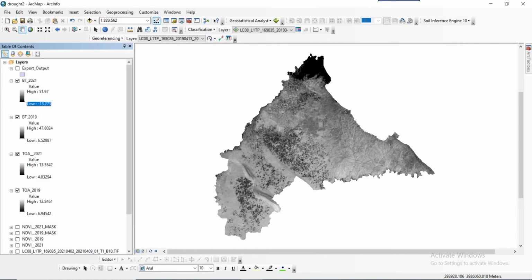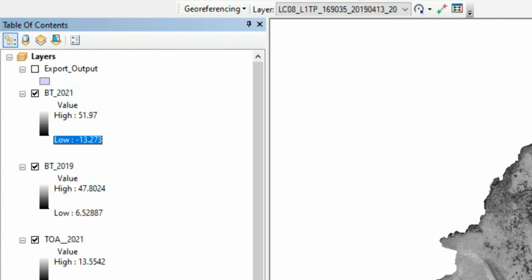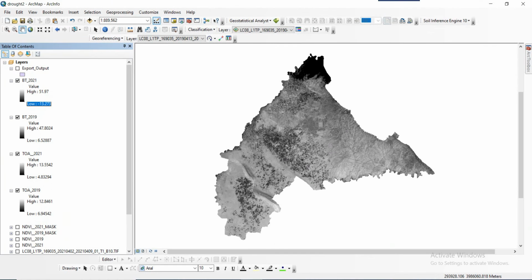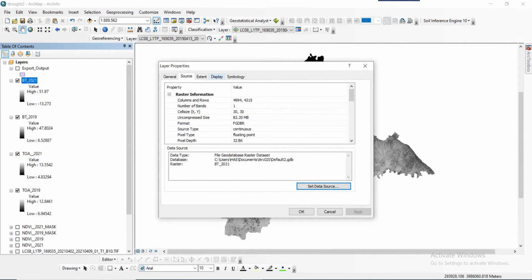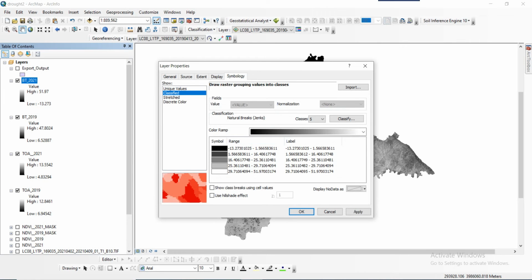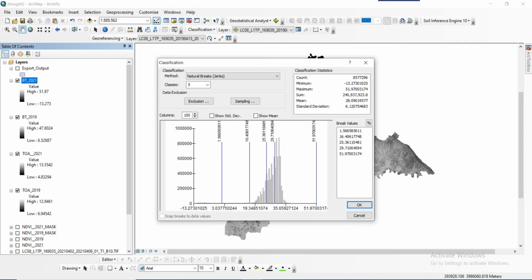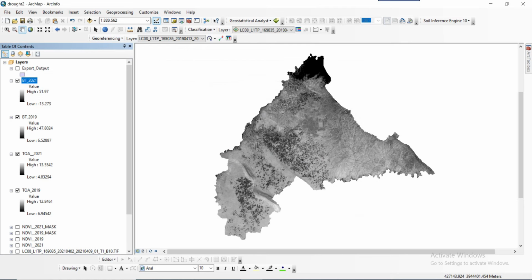But if you notice, we have some unique value right here. It's minus 13, and it's an abnormal value, because if we check it, those are the values representing the minus, which are a very little number of pixels, and it's kind of error, so we can make a mask in order to get rid of these values.